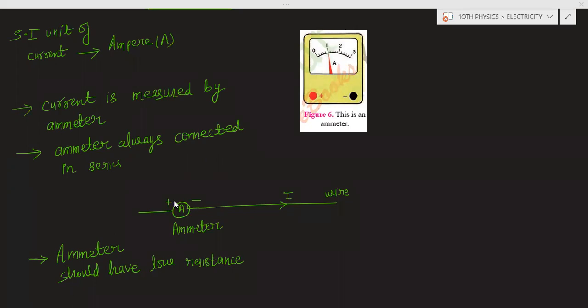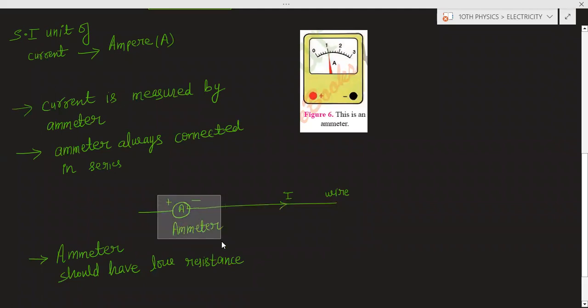If it has low resistance, then it will have high current, meaning a greater amount of current will pass through the emitter. And the more current passes through the emitter, the more accurate will be the reading of the emitter.